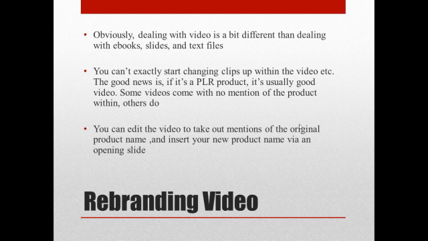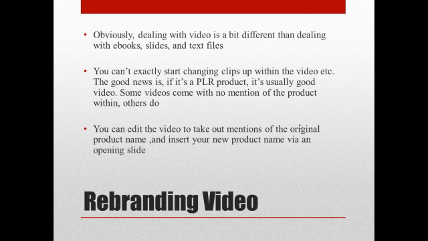Some videos will come with no mention of the product name within, while others do. So for example, I'm creating the ebook called PLR Video Payday. If we imagine for a moment that it was actually a video course, and PLR Video Profits, which was the original course that I'm modifying, was a video, and it mentioned the course name in the title clip in the beginning, the introduction of its video, I could easily cut that out.